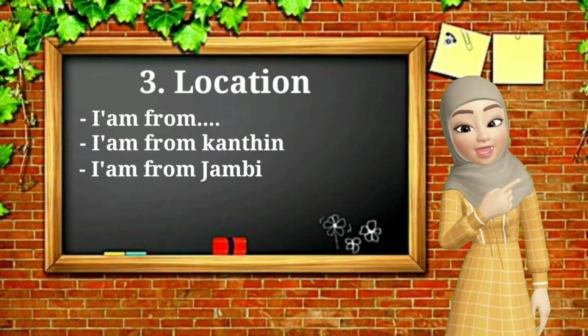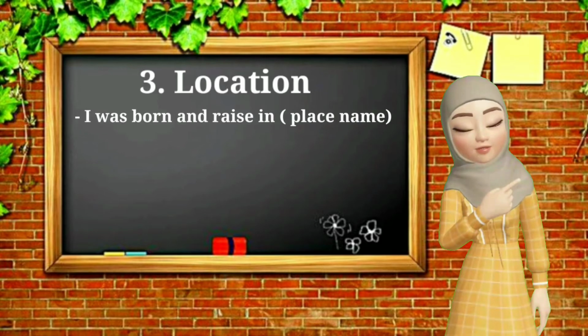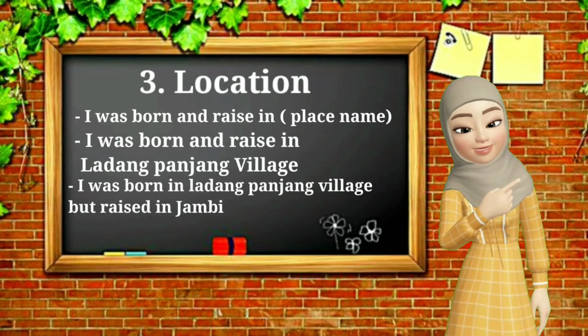If you want to say where you were born and grew up, you can say, I was born and raised in, for example, Ladang Panjang village. And if you were born in one place and grew up in a different place, you can say, I was born in Ladang Panjang village, but raised in Jambi.